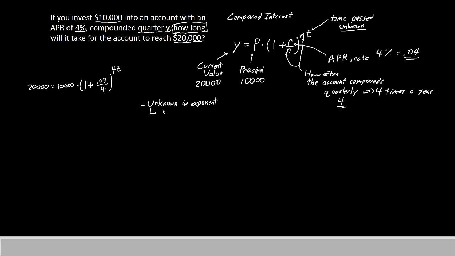And as we said in the previous episode, if you have an unknown in the exponent, you're going to have to take the log at some point. But don't do it right now. It's too early. We need to first get the exponential by itself.